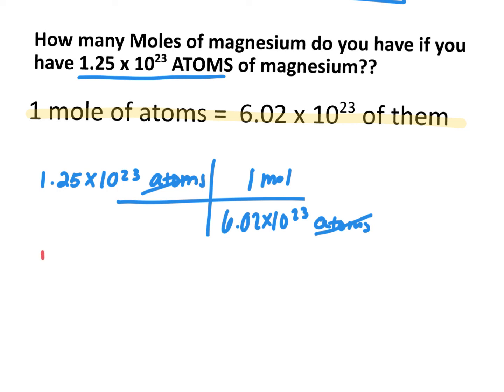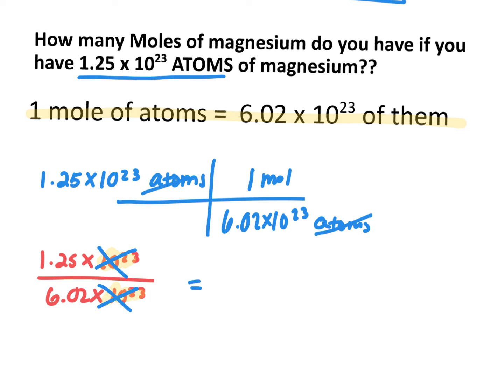So in your calculator, you would do 1.25 times 10 to the 23rd divided by 6.02 times 10 to the 23rd. But what's nice, and if you notice, my exponents match. So instead of typing them with my second EE button, I can cancel those out and just do 1.25 divided by 6.02.